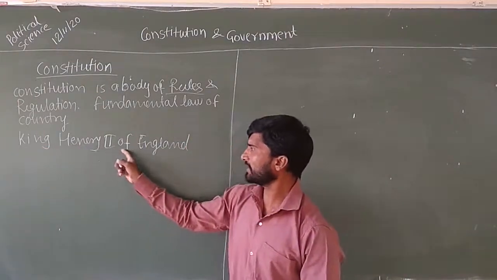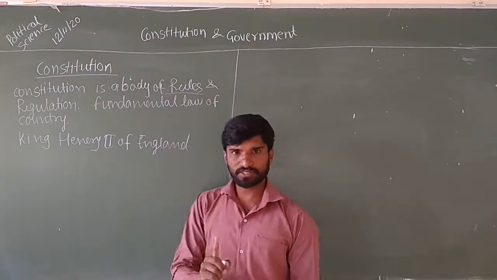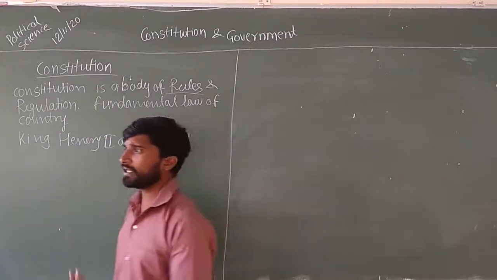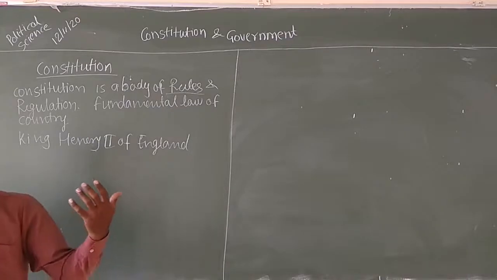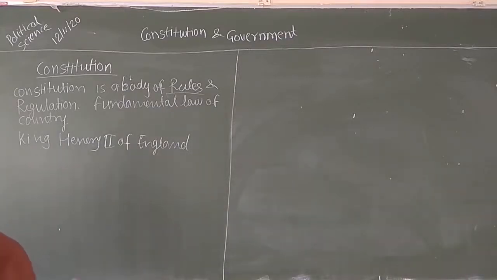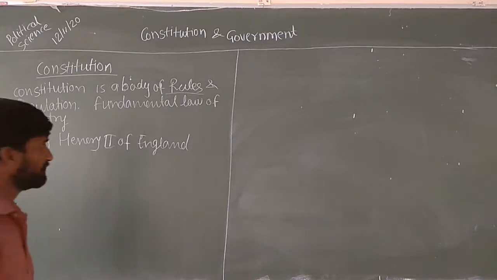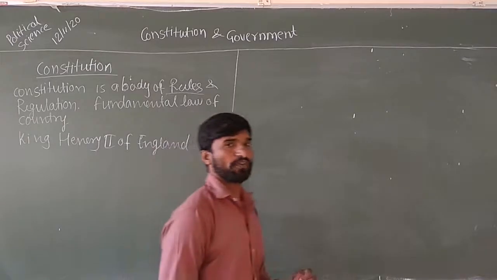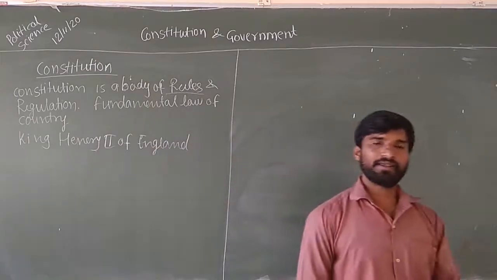King Henry II of England used this term in the 16th century, but it was not exactly used in the modern sense. He used the term when he issued a set of rules with the title of the Constitution of Clarendon. It was one of the states of England.